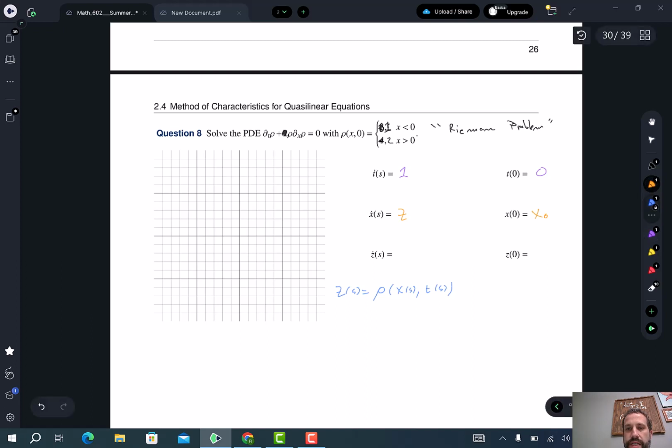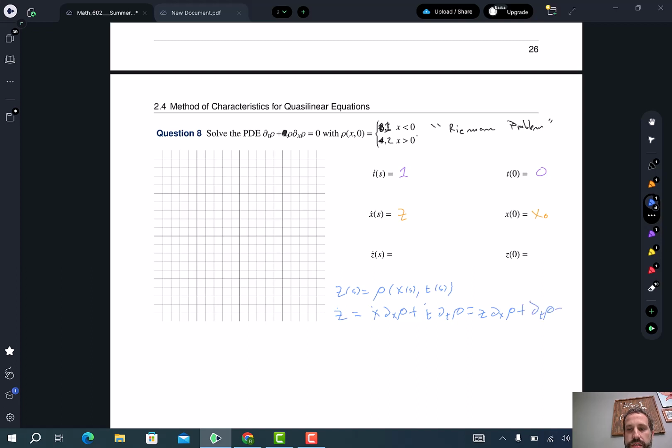And then z dot, well again, by the chain rule, z dot is going to be equal to x dot times the x derivative of rho plus t dot times the t derivative of rho. And given what we have for x dot and t dot, this is going to be z times the x derivative of rho plus 1 times the t derivative of rho.